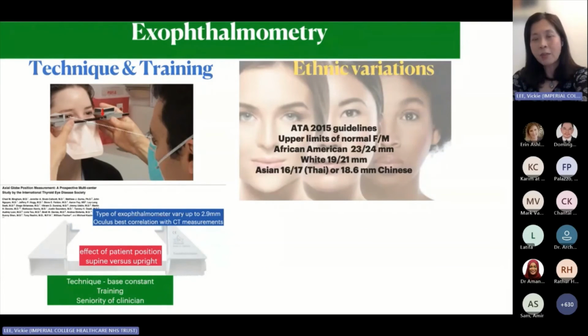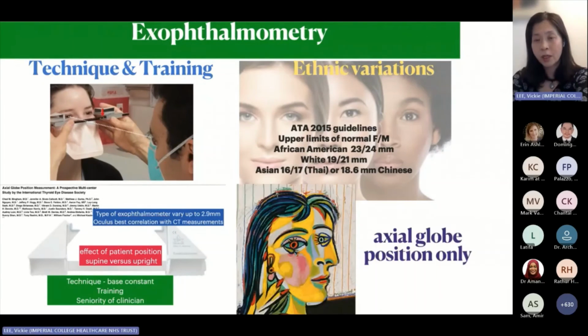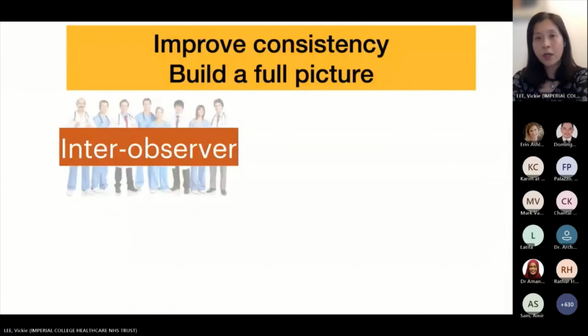Again, it's important to bear in mind that there are ethnic variations about the upper limits of what are normal levels of proptosis. And also, it only measures the horizontal displacement of the eyeballs. And we're all very familiar that thyroid eye disease can displace the globe also vertically, and this is not captured in exophthalmometry.